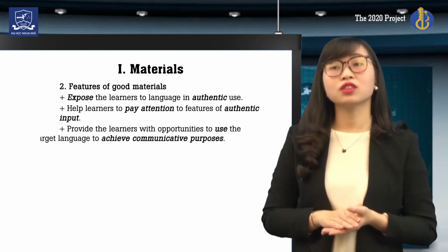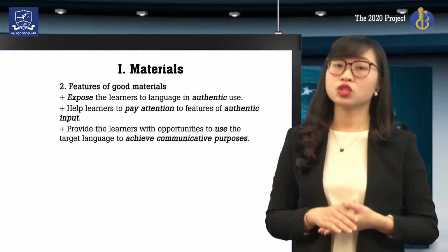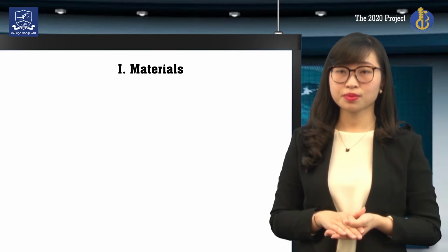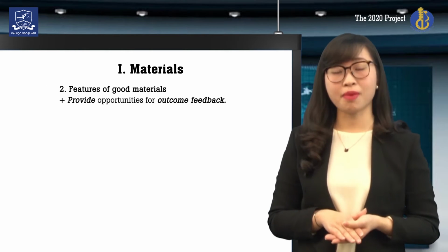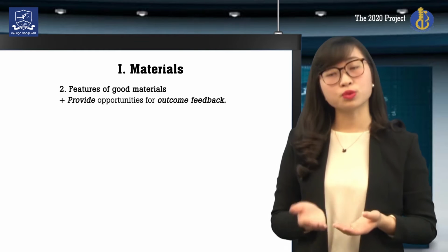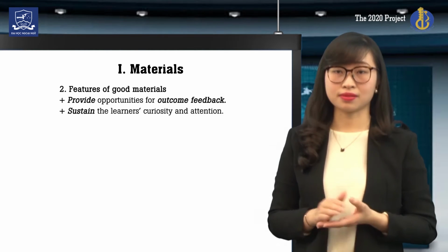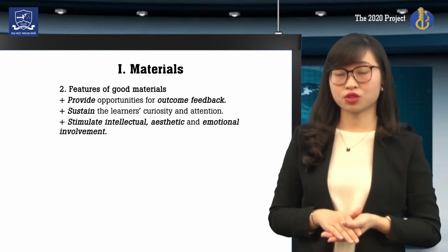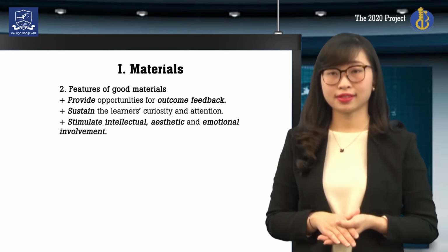Or they provide the learners with opportunities to use the target language to achieve communicative purposes. They also provide opportunities for outcome feedback. What's more, they sustain the learner's curiosity and attention. Last, they stimulate intellectual, aesthetic, and emotional involvement.